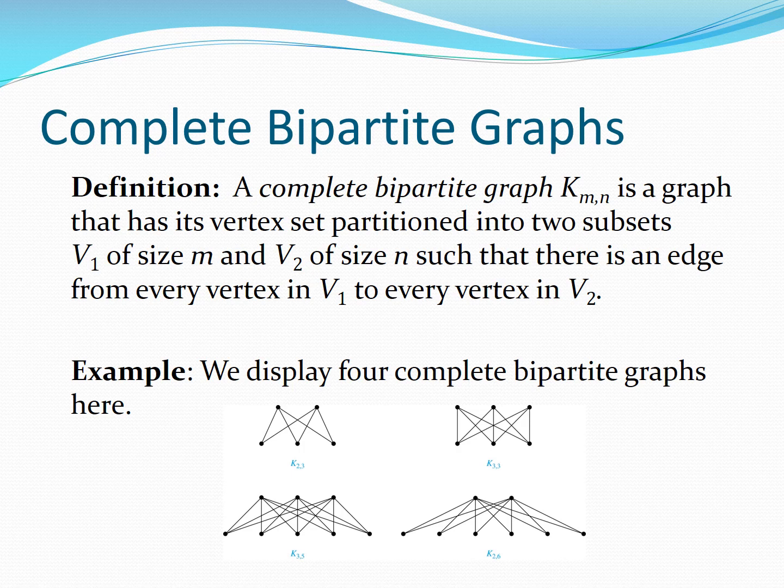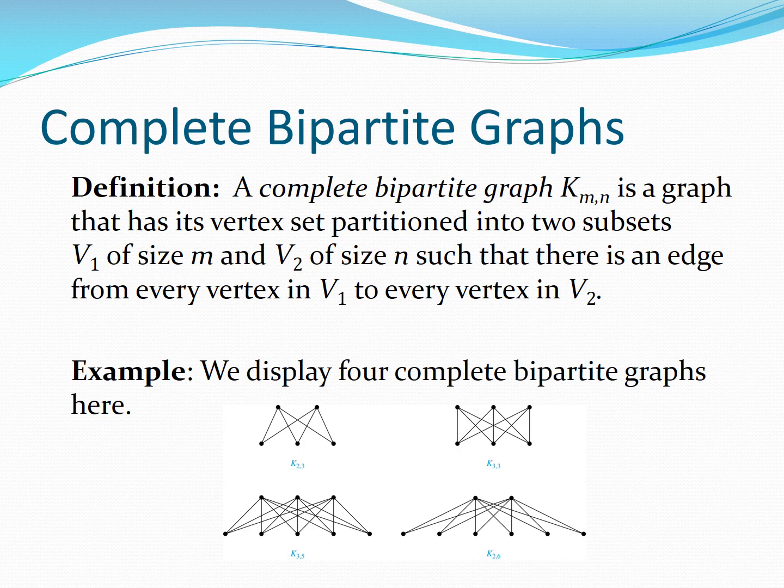When do you say that a bipartite graph is complete? When you're able to split it up into two vertex sets, V1 and V2, such that every vertex in V1 has a connection to every vertex in V2. That is when you say that a given graph is a complete bipartite graph.